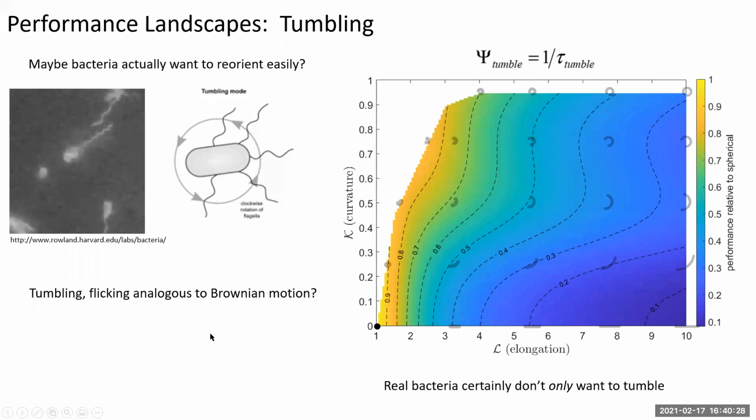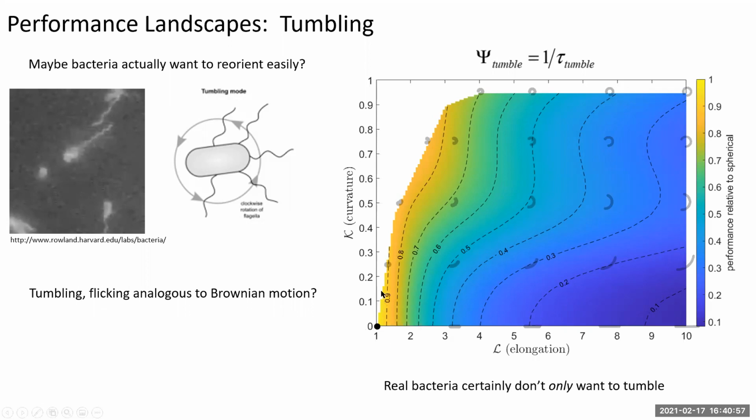So I figure, maybe bacteria actually want to reorient really easily. Maybe that's what they care about. So I call this tumbling ability. And if the flagella are kind of randomly buffeting the cell, I assume that's kind of like Brownian motion. So again, I looked at this time scale for loss of orientation, but here I actually just inverted it and said, well, to tumble easily, you want to be a sphere.